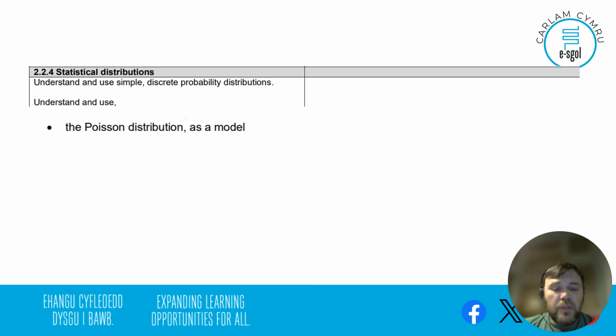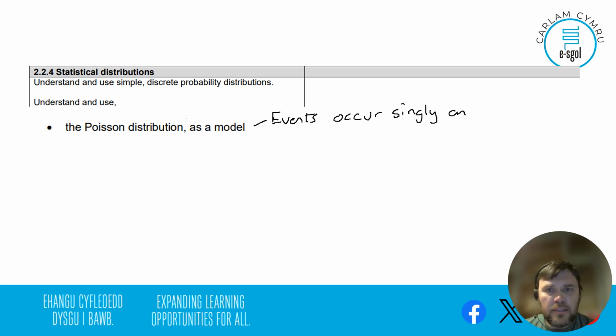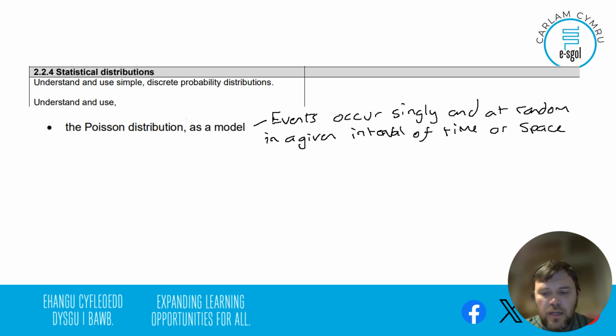So if we get started, conditions for a Poisson model. There are events that occur singly and at random in a given interval of time or space, and are independent.